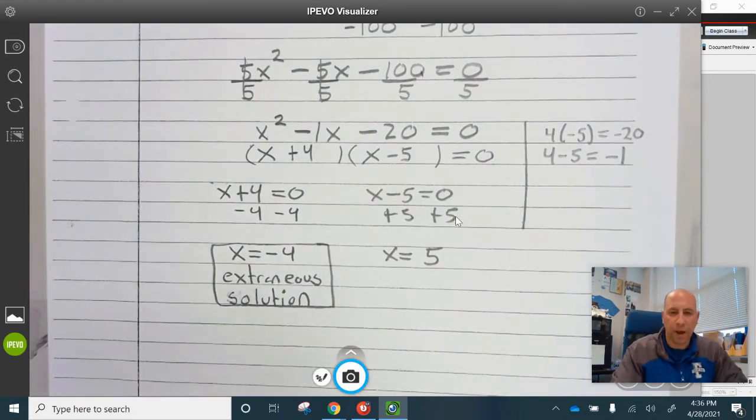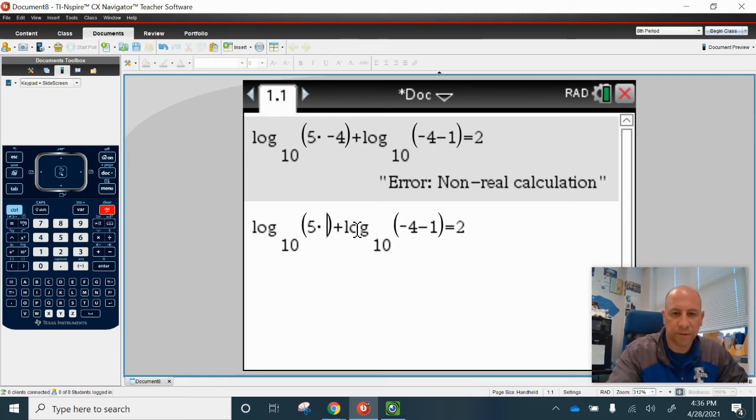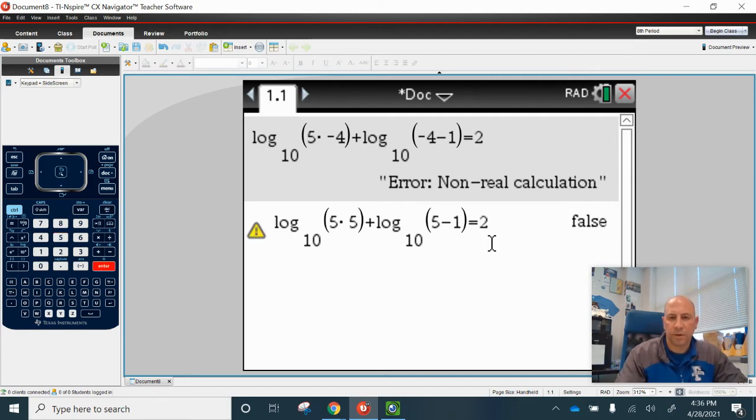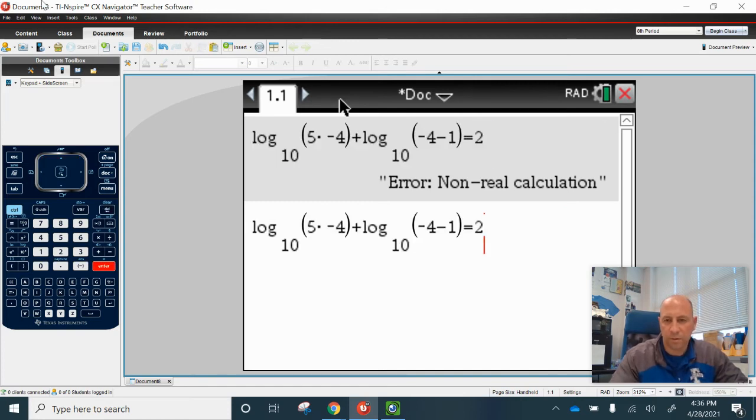Okay, so now we'll plug in 5. I'm going to highlight, press enter. Everywhere I see a negative 4, I'm going to put 5. Now it says false, so just to make sure, I'm going to put it in without the equal sign.